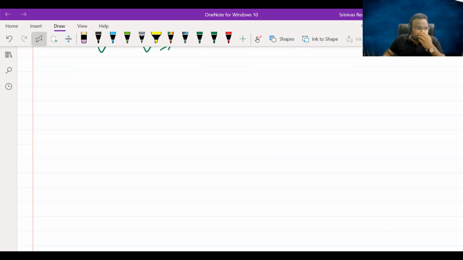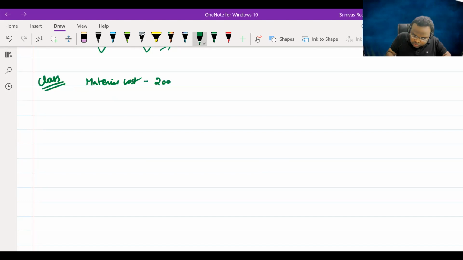Sir, why are fixed overheads different? Let me tell you a simple example. Sir, I wanted to conduct a class. Now, I thought that material cost is 200 per student.